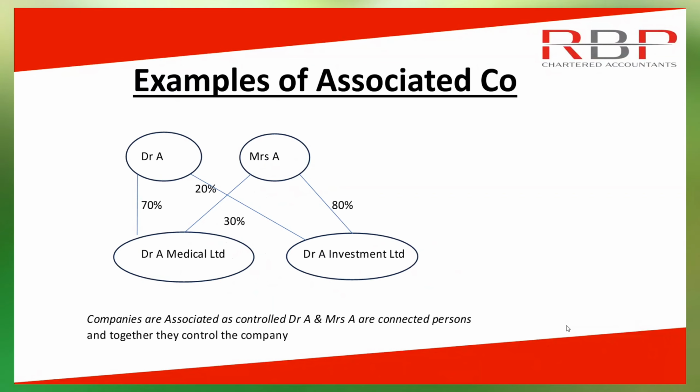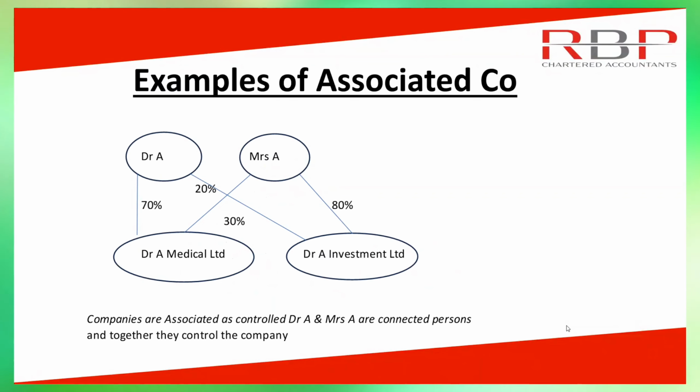And then of the investment company, Dr. A owns 20% and Mrs. A owns 80%. So when you just look at Dr. A, you're going, 70% in A Medical, but only 20% in A Investment Limited.